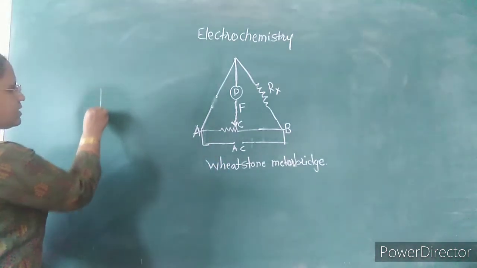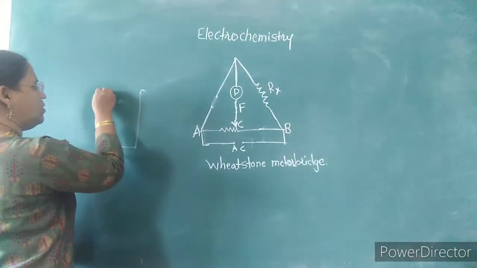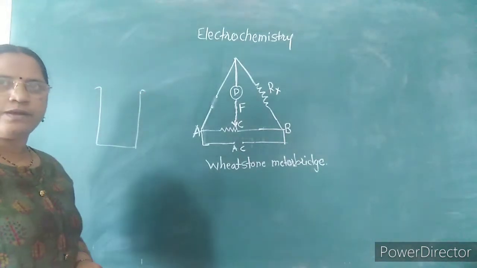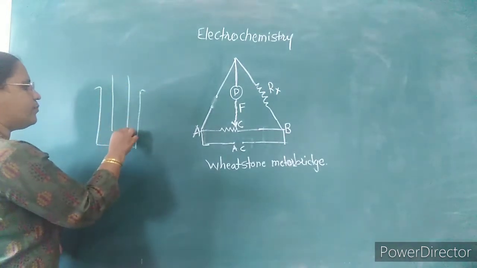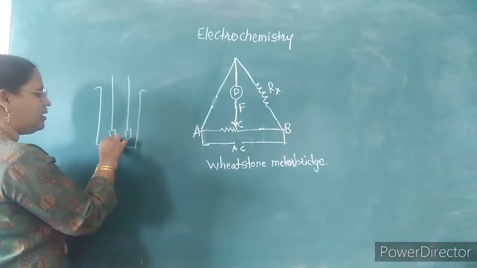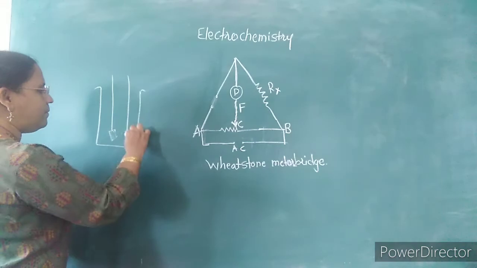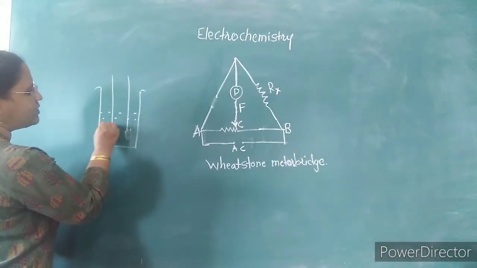A conductivity cell consists of a glass beaker, or it is made up of glass, in which two platinum electrodes which are coated with platinum black at the lower part are immersed. It consists of an electrolyte solution.